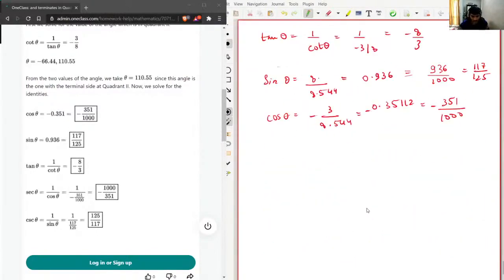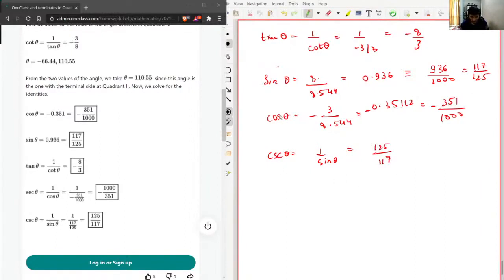Then cosecant is 1 over sine, and sine is positive, so cosecant will be positive, so it will be 125 over 117. I'm just taking the reciprocal of this, nothing much.